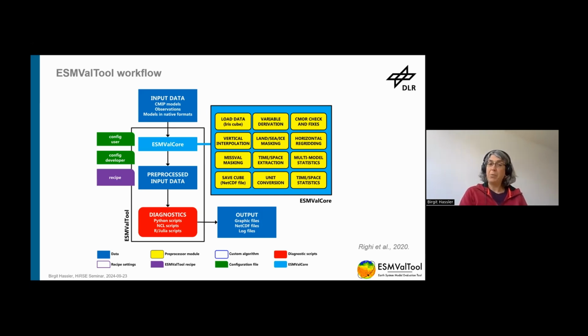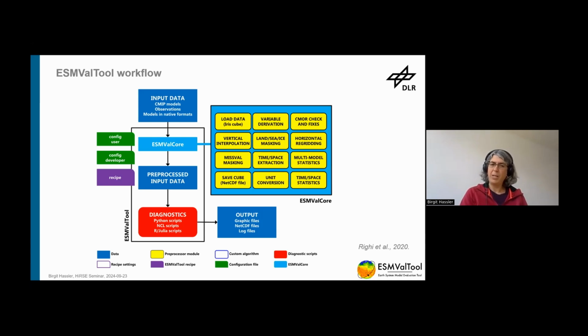So if we have the preprocessed data ready, it goes into the next dark blue box. And then from there, in the red box, which is the heart of the ESMValTool, are the diagnostics packages. Can be, as I mentioned, different open source languages. And there the science happens, what we want to see from the data.